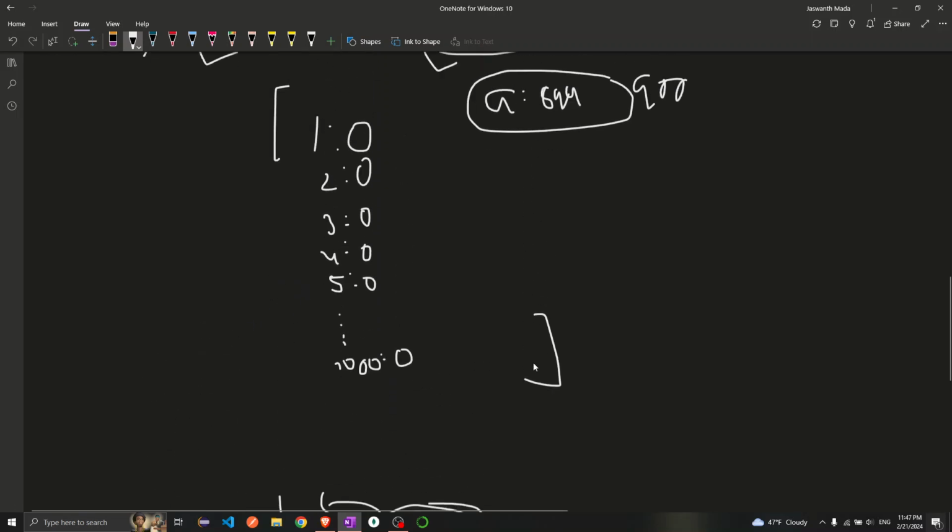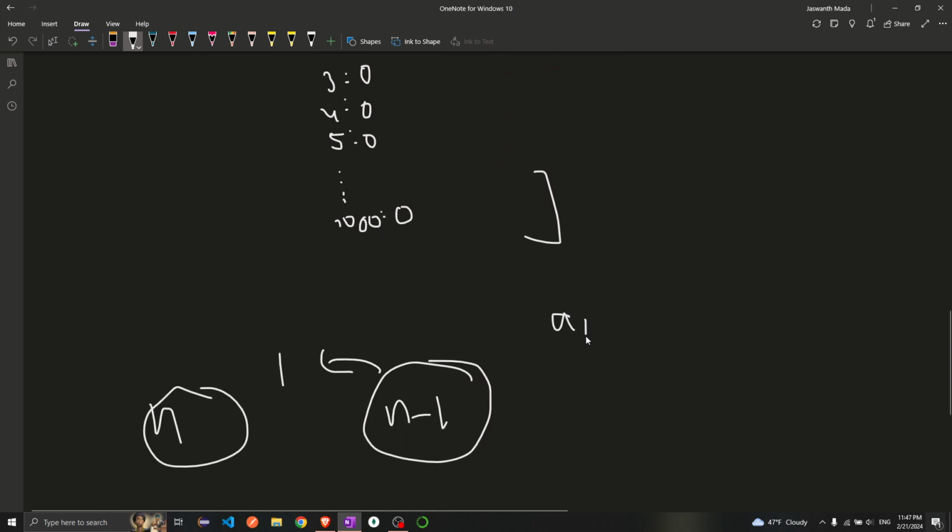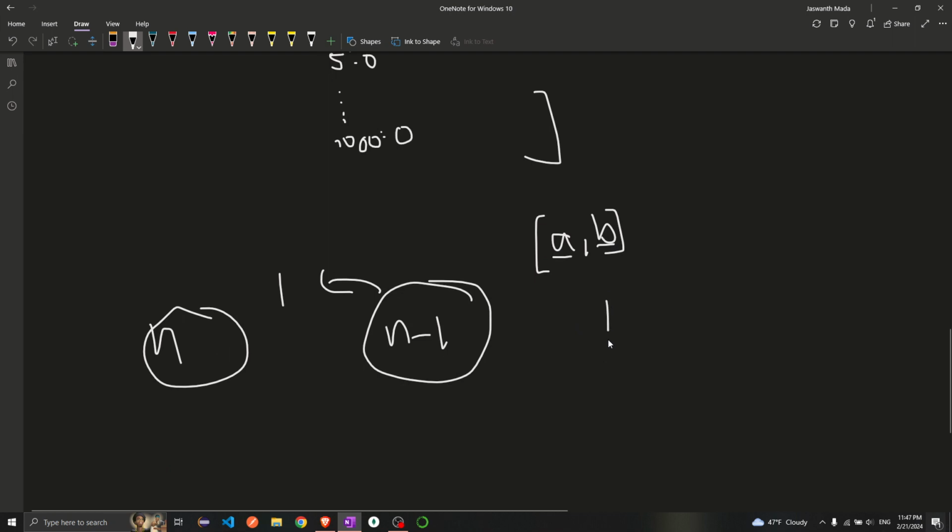So suppose I have A comma B as an array, this is the guy who's trusting, and this is the guy who is getting trusted, B, right? So I'll increase the trust of B and I'll decrease the trust factor of A.